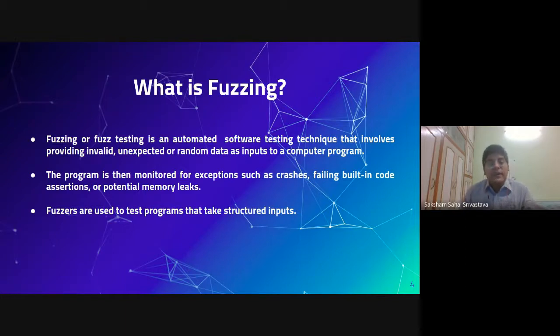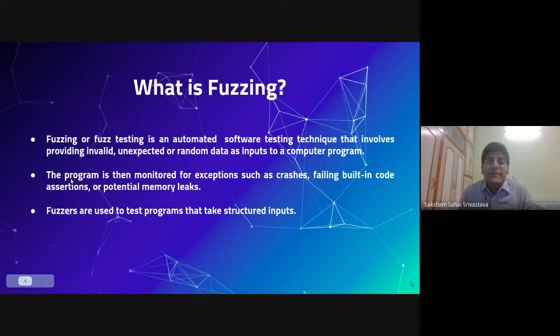We try to give input in such a manner that the input is not totally invalid. It should be valid to a certain extent. If the program crashes entirely, meaning it is not able to execute at all, then that test case is totally useless. So we'll not consider them in fuzzing. Okay, so we'll try to give invalid, unexpected, and random inputs.